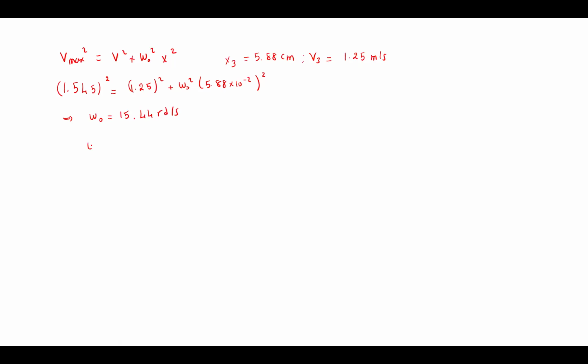We have all the numbers, but we know that in order to find K, I know that omega 0 squared is equal to K over M, which means K equals M times omega 0 squared. We have the mass, it's equal to 0.1, as we had it. So we get here 0.1 times omega 0 squared, 15.44 squared, and then we get the answer 23.85 Newton per meter.